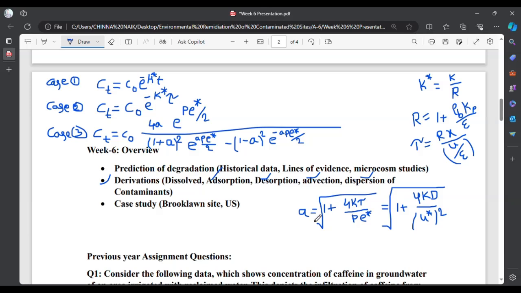Again here, P star, the Peclet number, we can write as seepage velocity times horizontal distance divided by the dispersion coefficient.